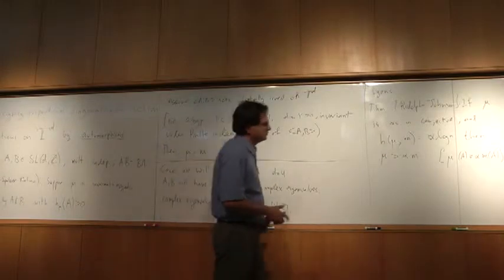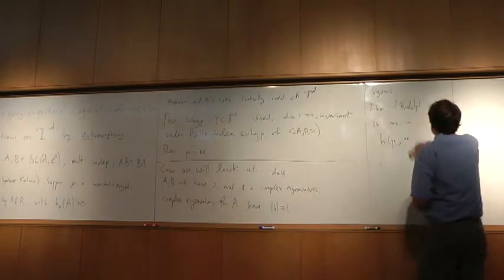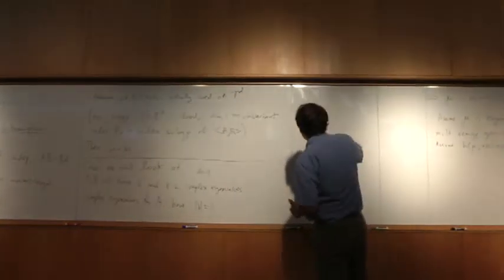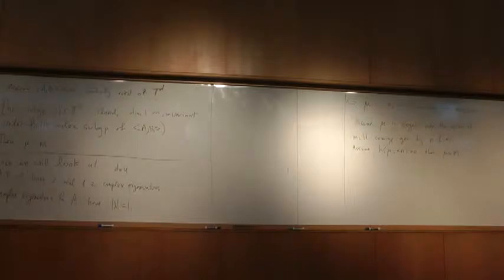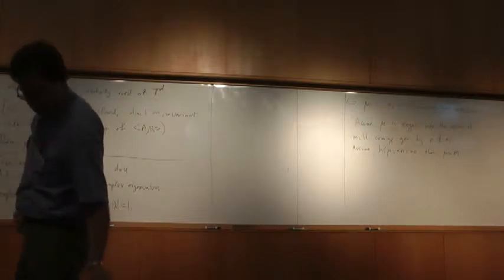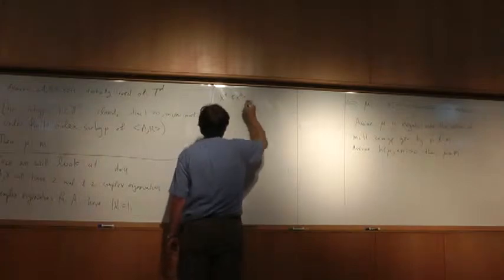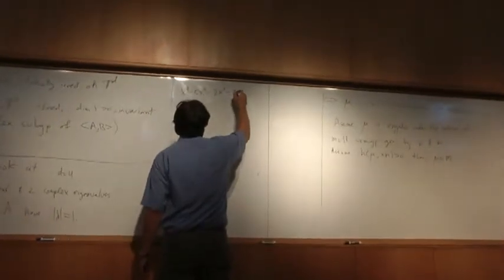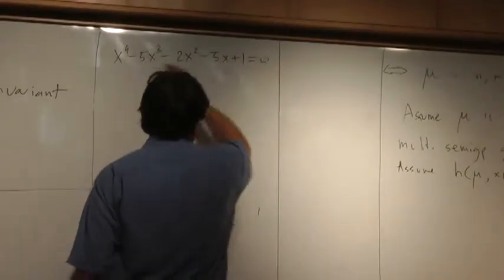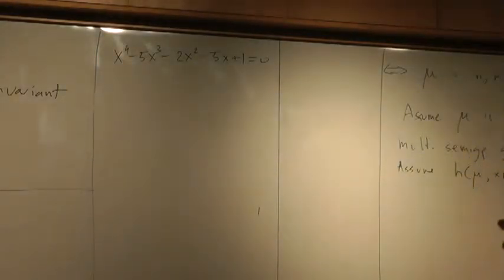So for instance, if you look at the polynomial x to the 4th minus 5x cubed, I hope I copied this correctly, minus 2x squared minus 5x plus 1. The roots of this polynomial, there are 4 roots, that's not too surprising.